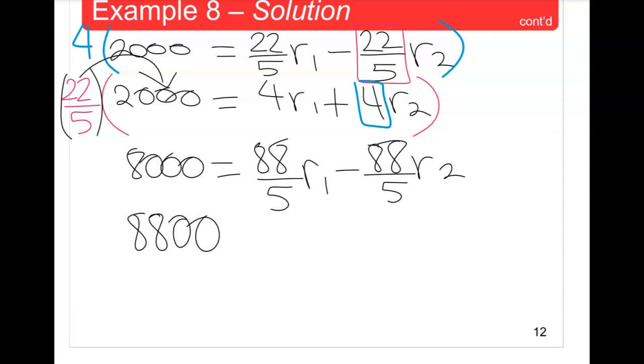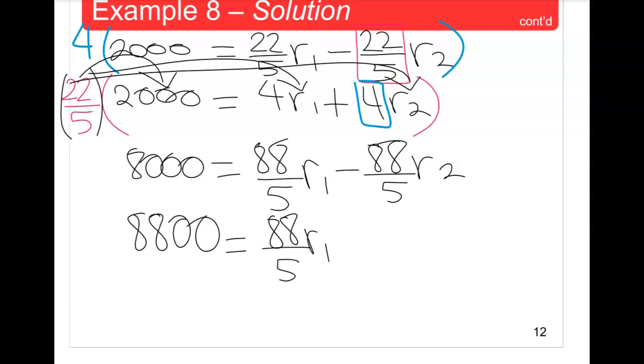So it was 22 times 2,000 divided by 5. And then if we repeat that with the terms that have a variable, we will get 88/5 of r sub 1 plus 88/5 of r sub 2.